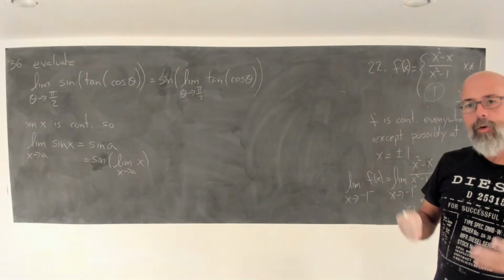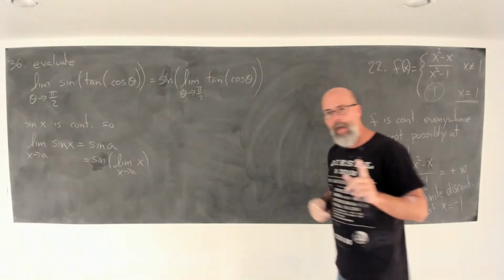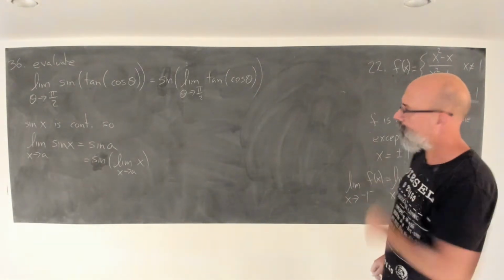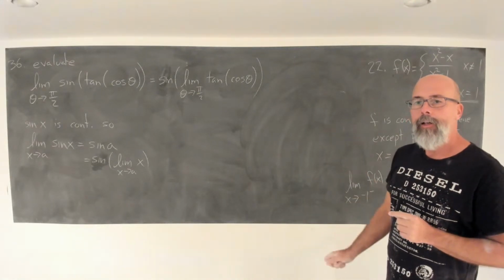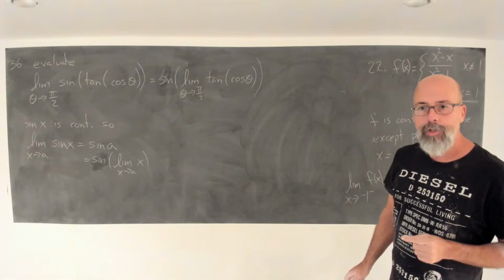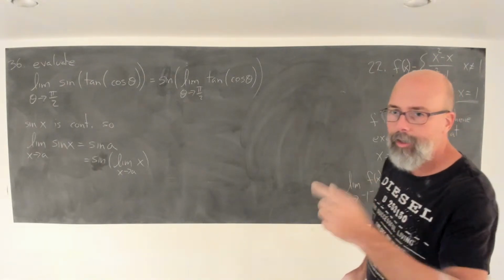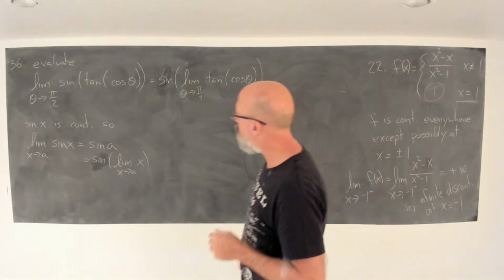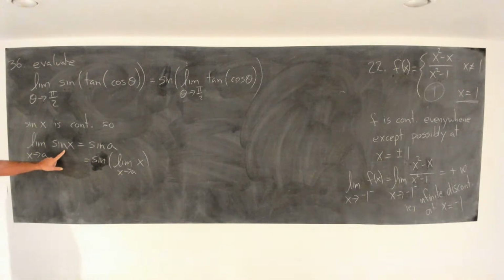And now we can do the same thing because tangent is continuous everywhere except at odd multiples of pi over 2. Why can we bring the limit inside? Exactly because of continuity, right?